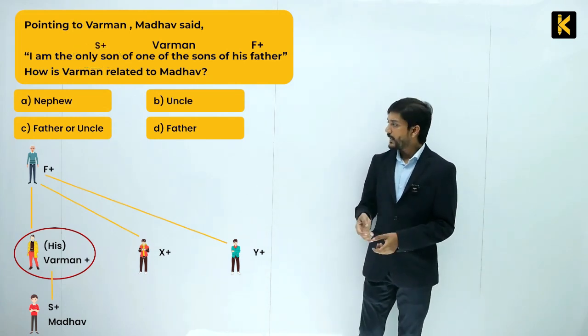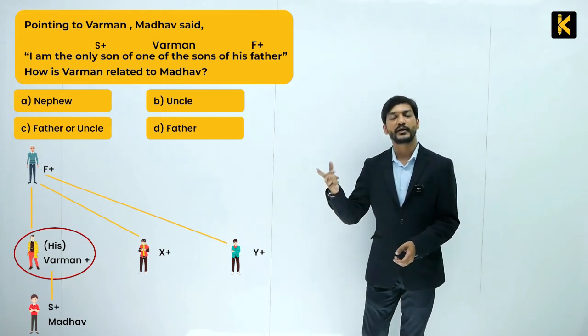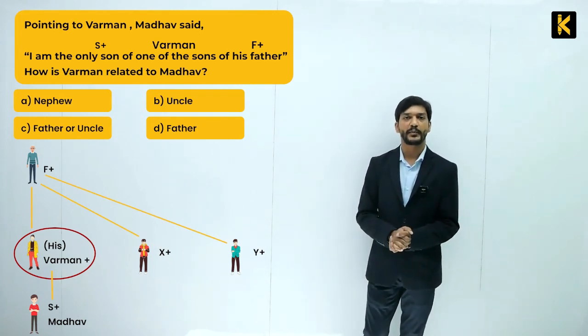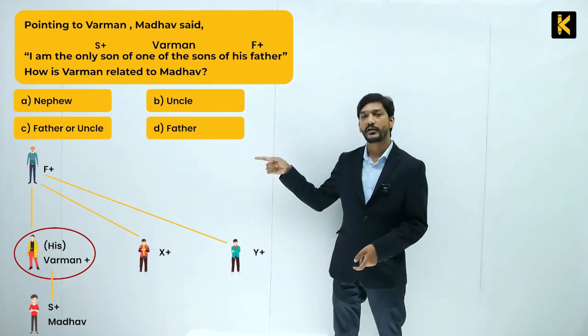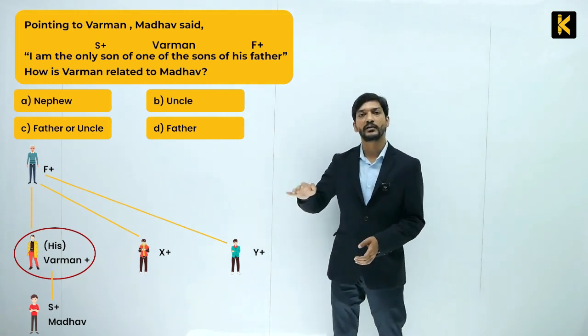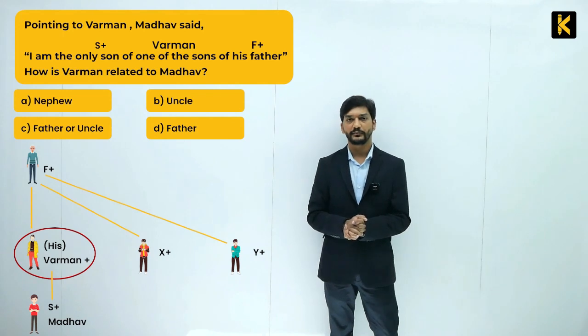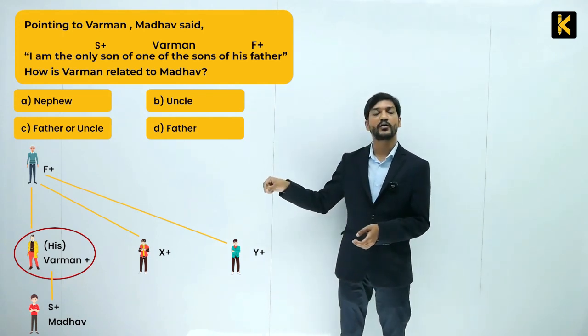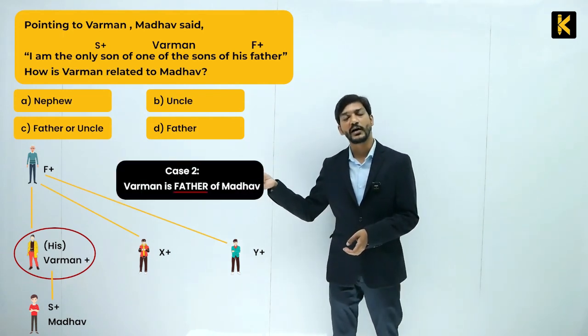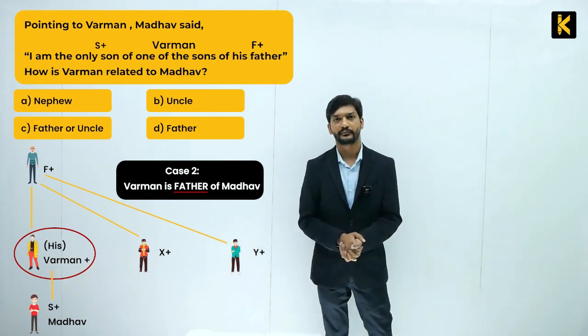Now, in this case, in this possibility, answer please. What is the relation of Varman to Madhav? So you will say that, sir, Varman is one generation above Madhav. And sir, Madhav is the son of Varman. That means Varman is the father of Madhav.